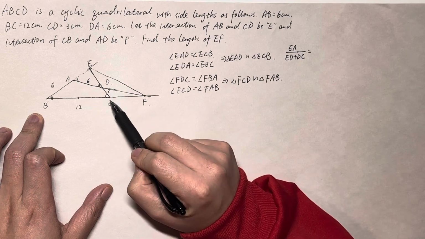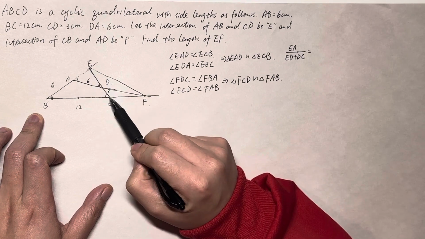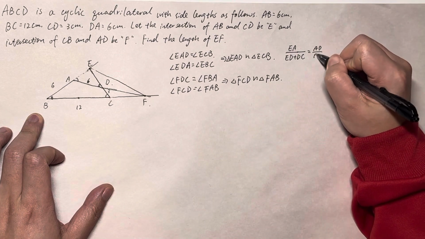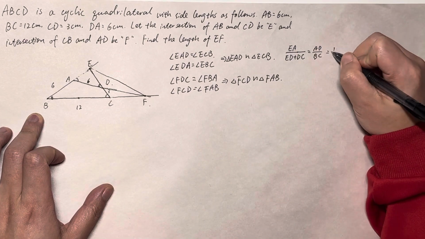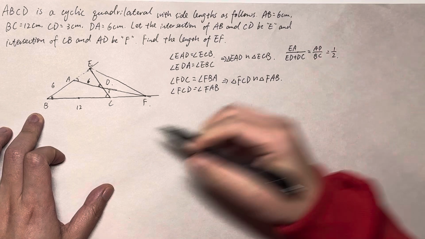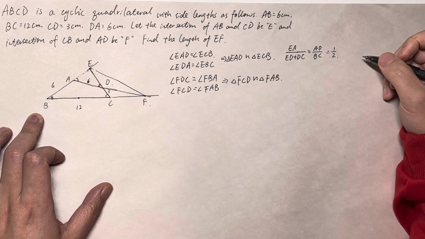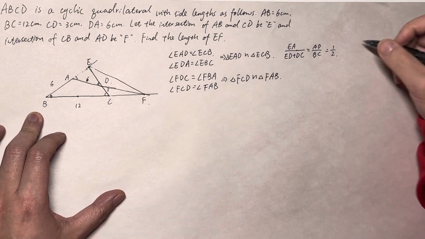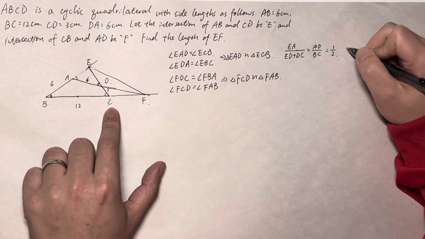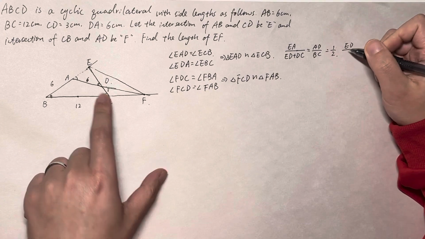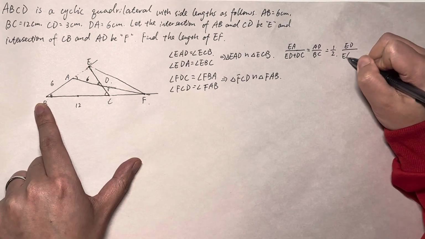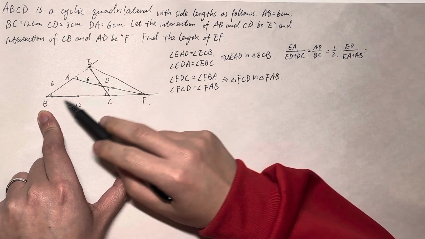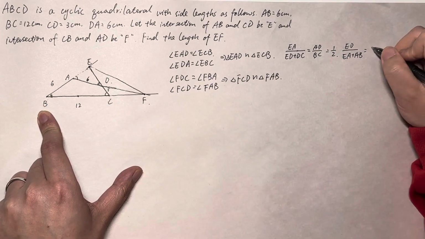EA to EC equals AD to BC, which is 6 to 12, that's 1 to 2. And we have ED to EB, which is EA plus AB, equals AD to BC, right? Again, it's 1 to 2.